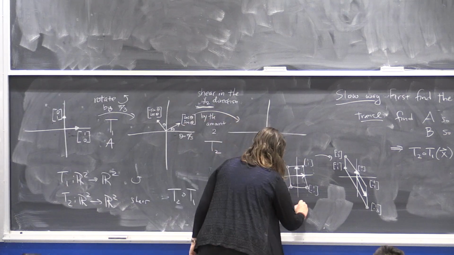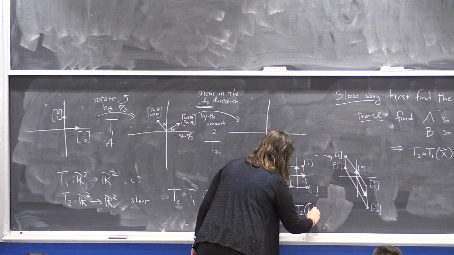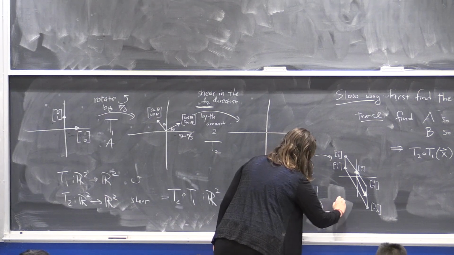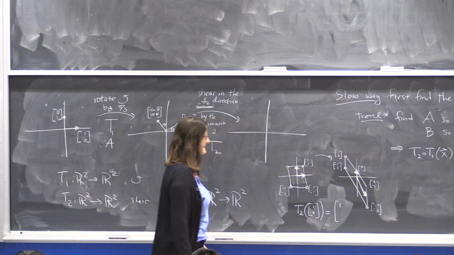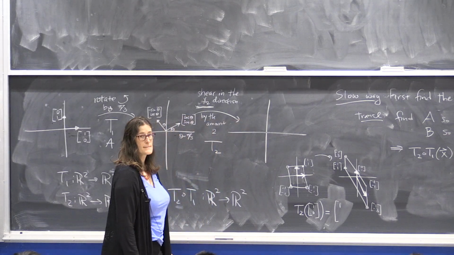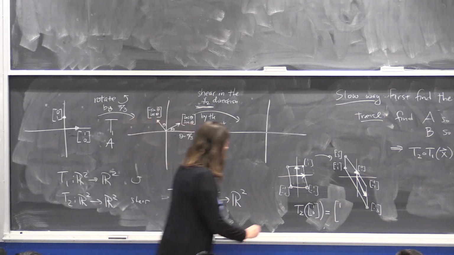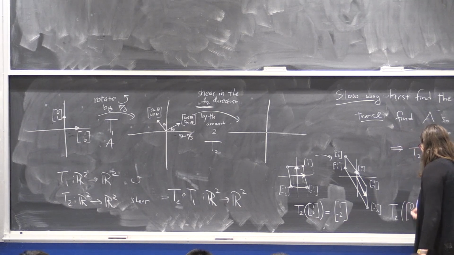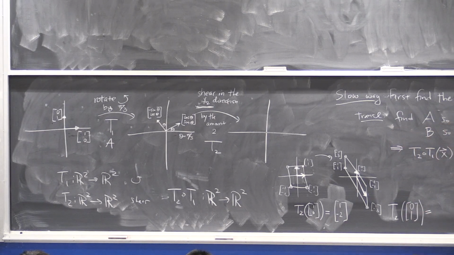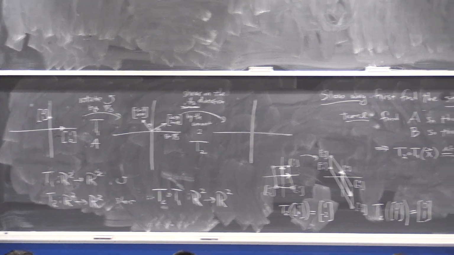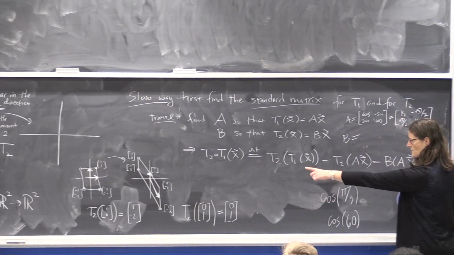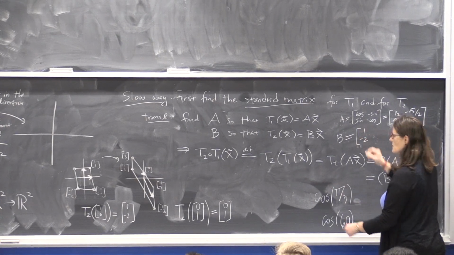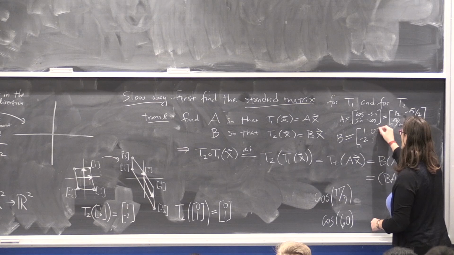So we have that T2 of 1, 0 is 1, negative 2. And T2 of 0, 1 is 0, 1. So this tells me that B is what happens to 1, 0. That's 1, minus 2. 0, 1 gets sent to 0, 1.